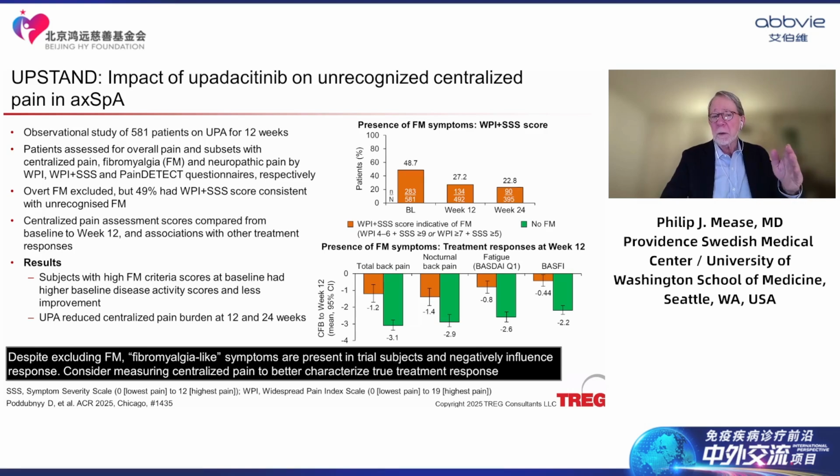But nonetheless, patients, even with fibromyalgia, had some response. And during the course of observation, it was discovered that the scoring on the WPI and SSS reduced significantly, just like in the previous study that I just showed you from France, suggesting that a medication such as a JAK inhibitor may have some influence in some way or another on central pain.